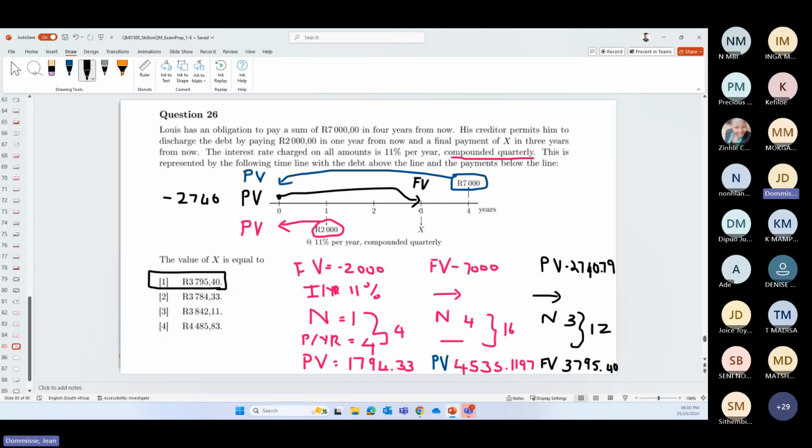They might move this to 2.5 years or move it to monthly. They might move this one to 1.5 years or something like that to create something different. But in the end, easiest is to make sure you've got the present values, and then the present value that's left for that last one, you need to work out the future value.